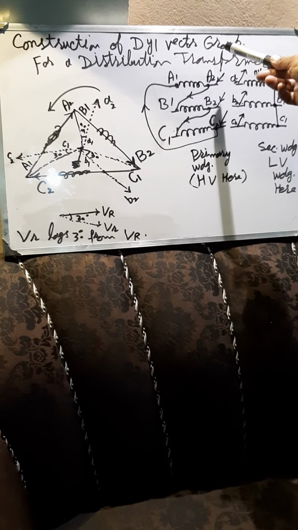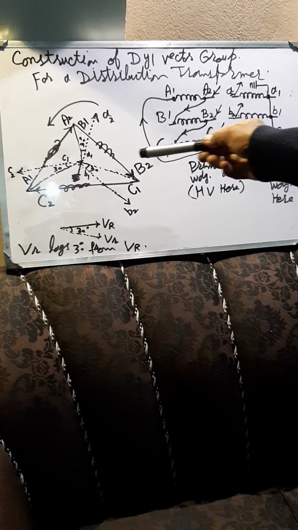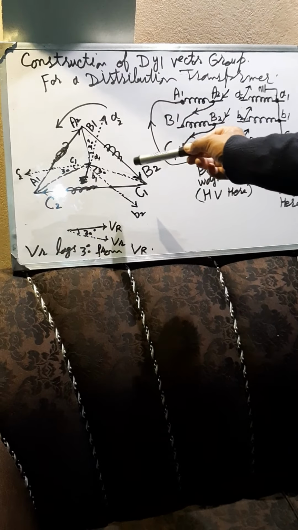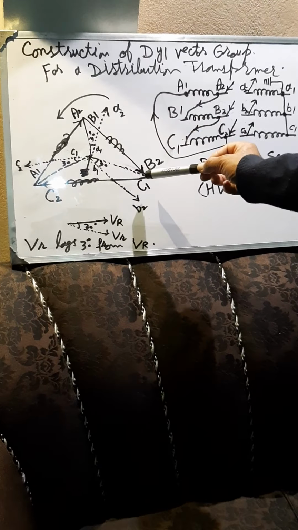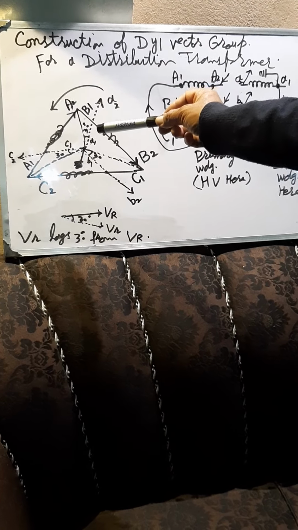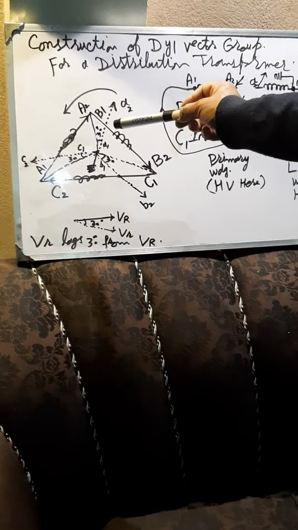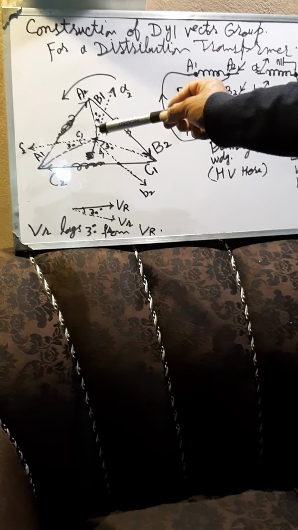So for the construction of the Dy vector group, I have constructed this Dy1 vector group. The delta shows the HV side or primary winding, because this is a distribution transformer, so the primary winding is the HV winding, that is 11 kV.